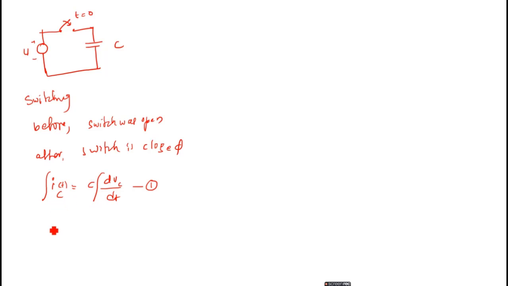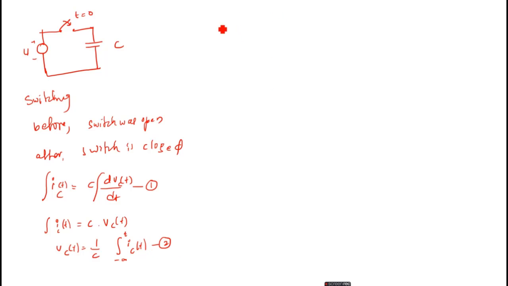Integration of iC(t) equals C times integration, and the integration and differentiation will be cancelled. We will get Vc(t). Both are one and the same. That equals 1/C times the integration of iC(t), with limits from minus infinity to t. Call this equation number 2.